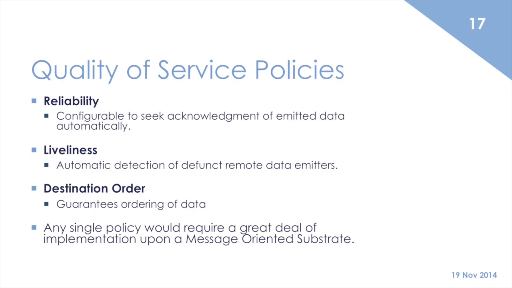So these are some examples of what a quality of service policy might look like. Reliability, for instance. On most computer networks, information can be sent, but there's no acknowledgement of that information that's built into, for instance, an Ethernet or an IP network.